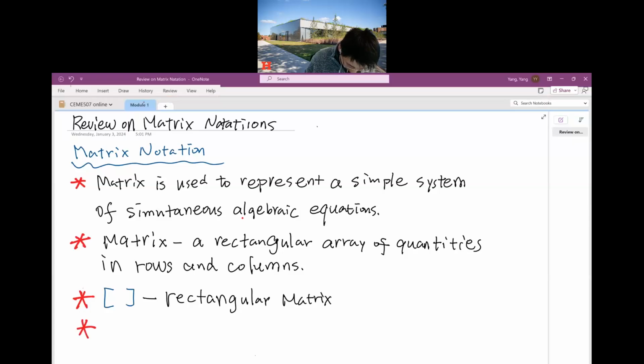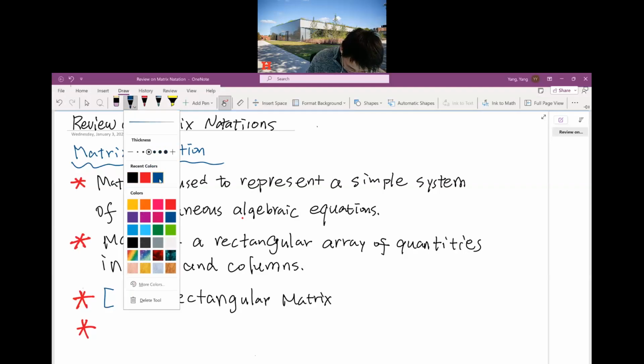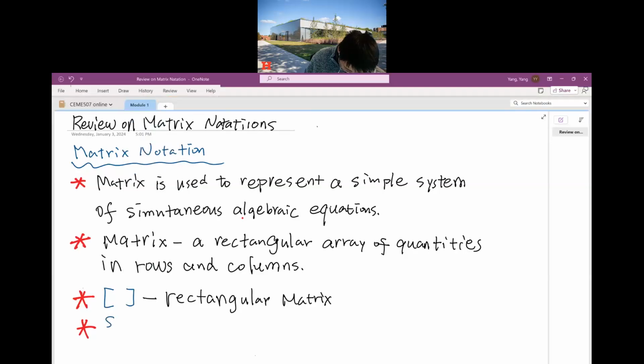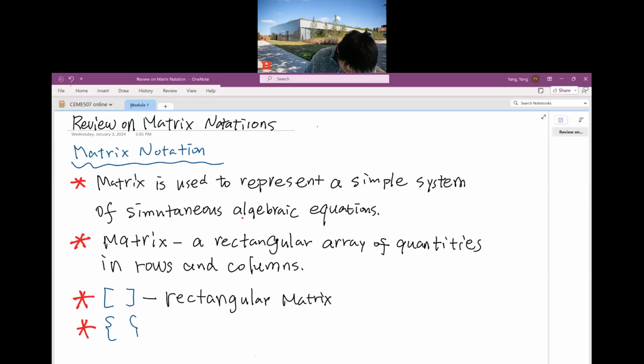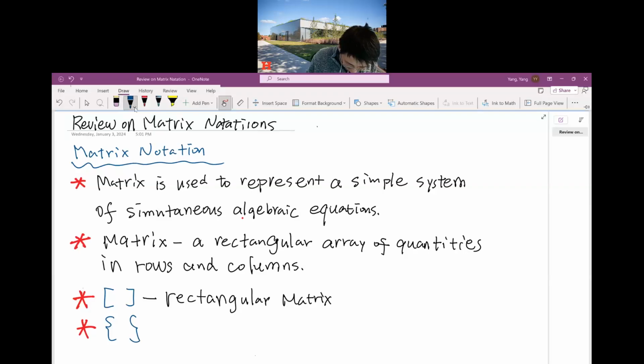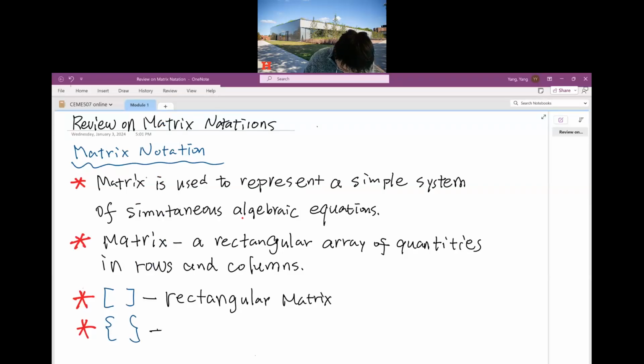In the other case, we use another bracket to represent the column matrix.